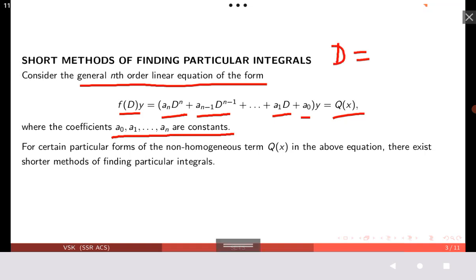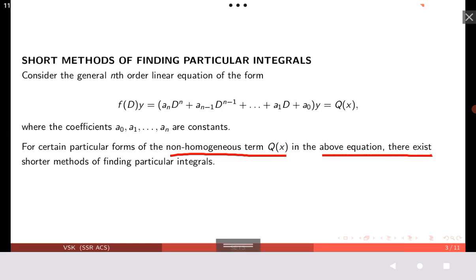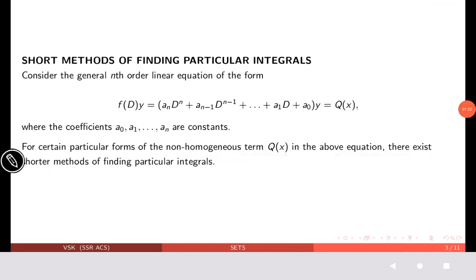D is nothing but the derivative with respect to x. So D is d by dx. For certain particular forms of the non-homogeneous term Q(x) in the above equation, there exists some shorter method of finding the particular integral. So we'll see one of these methods in this lecture.